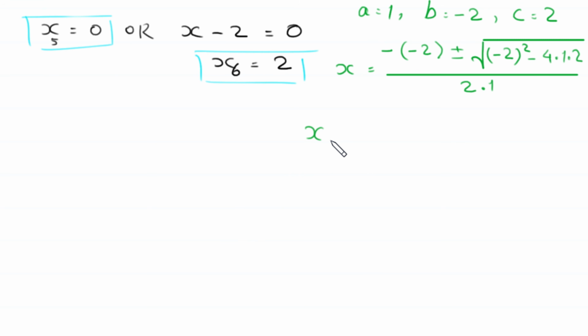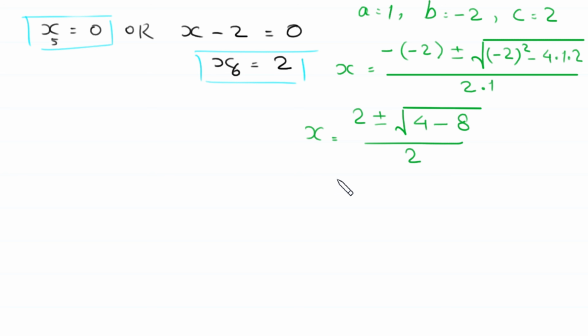Next x is equal to this minus and this minus will become positive 2 plus or minus square root of, this negative 2 squared is 4, and negative 4 times 1 times 2 is negative 8, divided by 2 times 1.